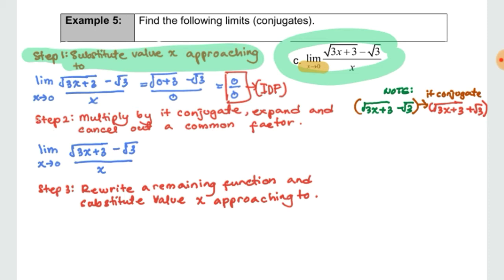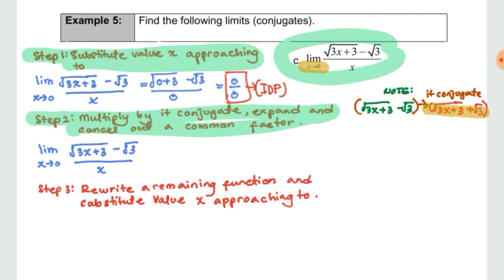Step number 2 is to multiply by its conjugate, expand, and cancel out a common factor. For the limit function here, square root of 3x plus 3 minus square root 3, its conjugate is square root of 3x plus 3 plus square root 3.